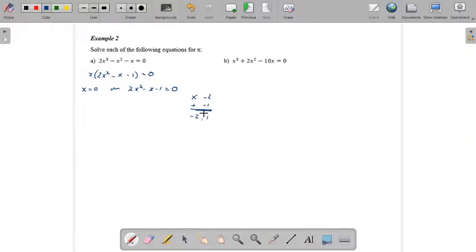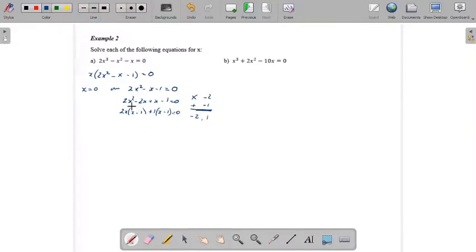So these work. What we then do is split up this middle term, minus x, into -2x and plus 1x. So 2x squared minus 2x plus x minus 1 equals 0, and then factorise by grouping. We factorise these first 2 terms, 2x outside of x minus 1, and then the common factor between the last two is plus 1, leaving us with x minus 1.